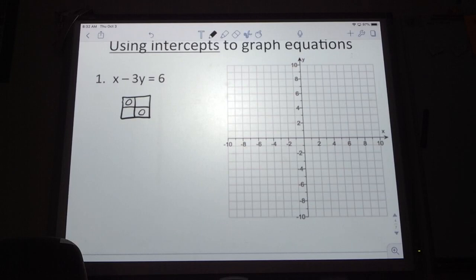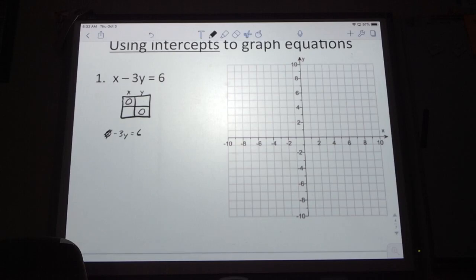Okay, so now we can plug stuff in just like we did yesterday. There's an x, there's a y. So if we've been given an x, that is 0 minus 3y equals 6. 0 doesn't mean anything, so then we divide both sides by a negative 3. Y equals negative 2. So negative 2 goes here. There's our first point. Then we're going to fill out the bottom of the table.